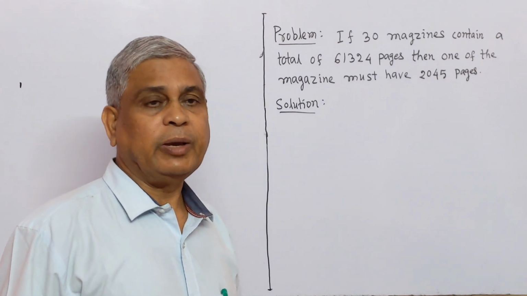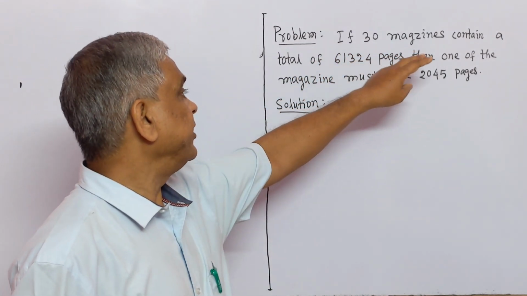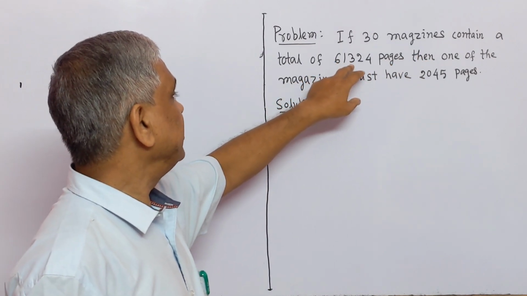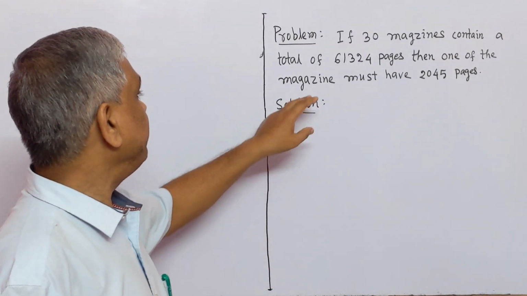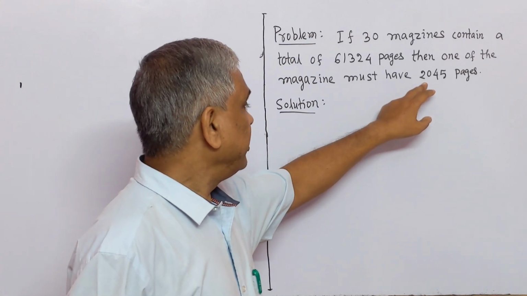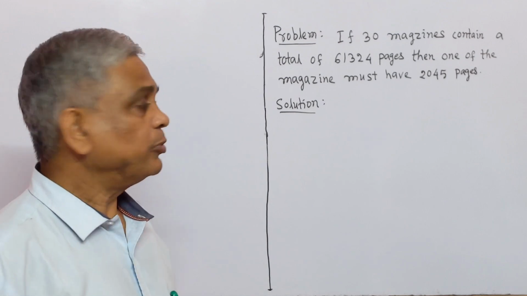Now we solve a problem. Problem is, if 30 magazines contain a total of 61,324 pages, then one of the magazines must have 2045 pages. Now we have to solve this.